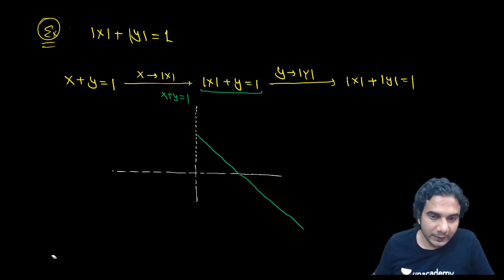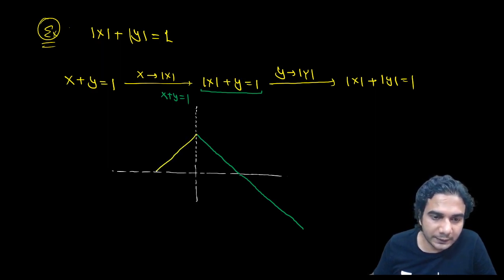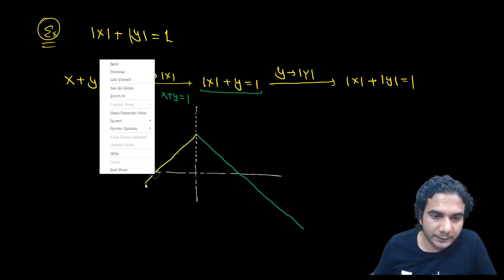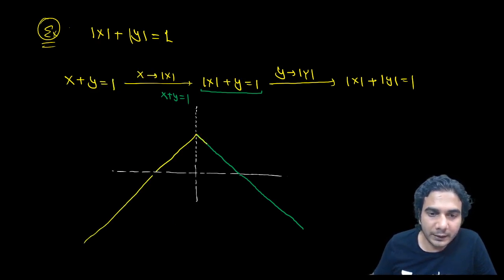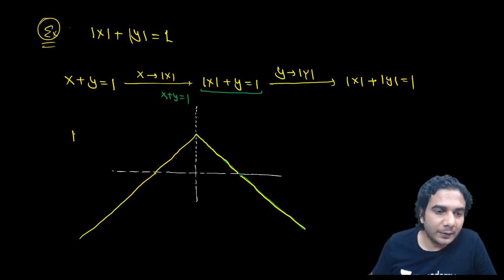So I've removed it, and take the image of the remaining graph. If you take the image of the remaining graph, it is going to be like this. So this is a graph of mod of x plus y is equal to 1.